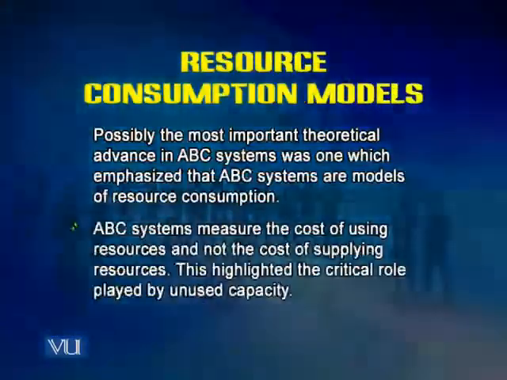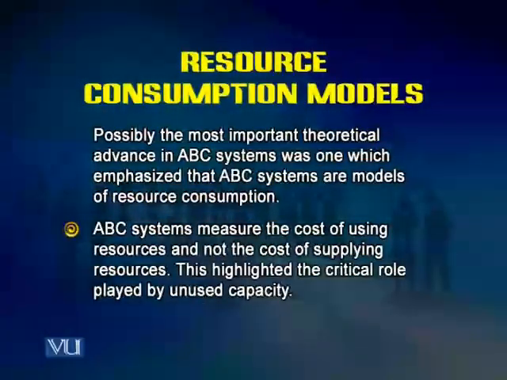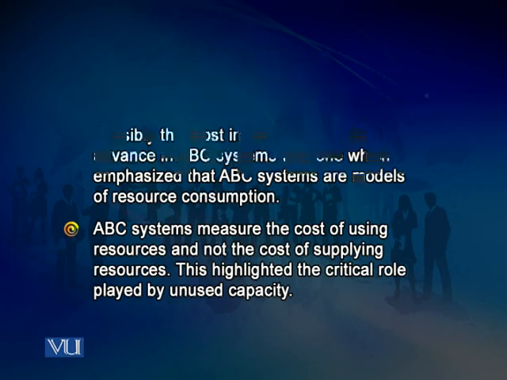So this is an important aspect, that we can now see what resources are being consumed by what activities. The ABC system is going to measure the cost of resources that are consumed and not the cost of resources that are supplied. There's a difference.